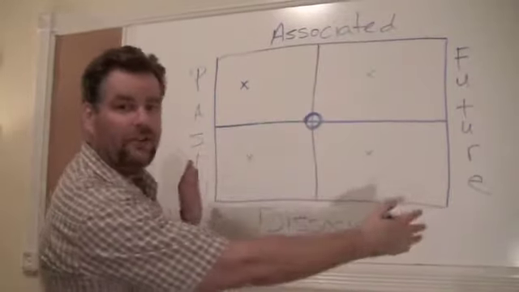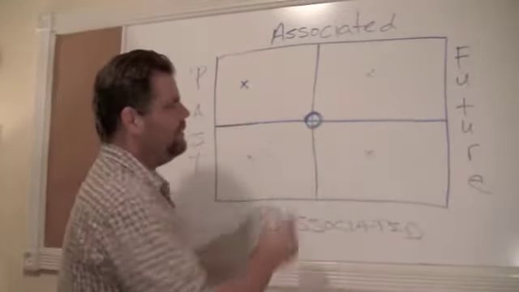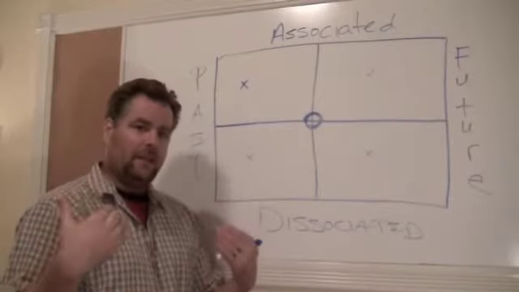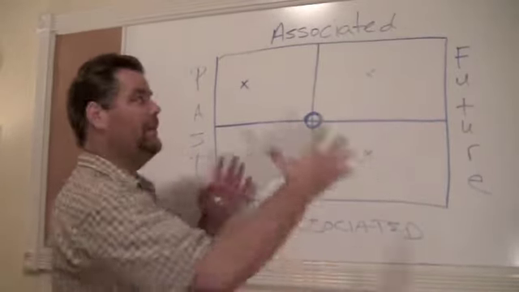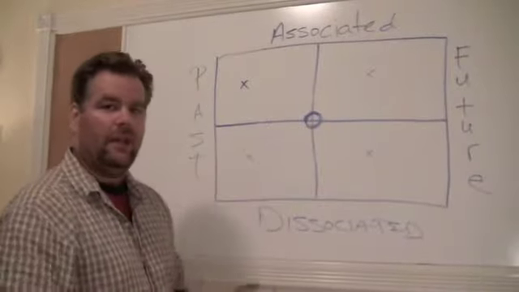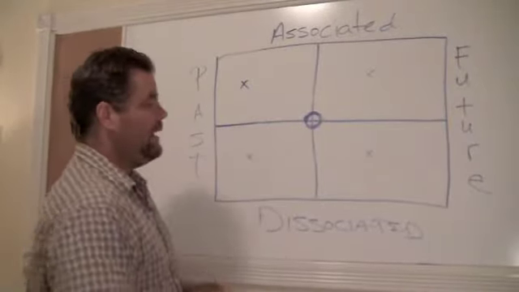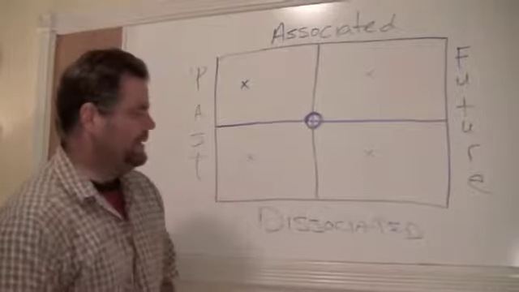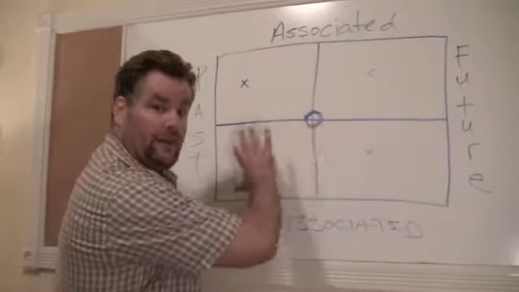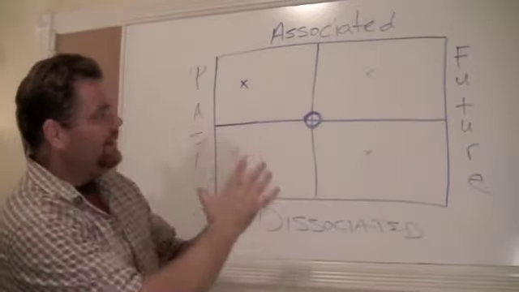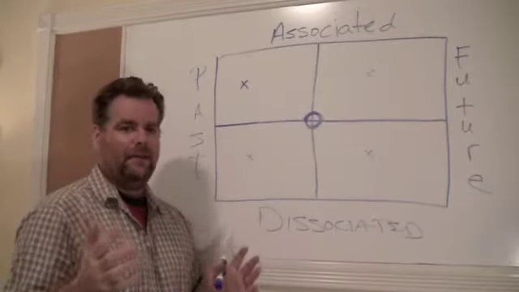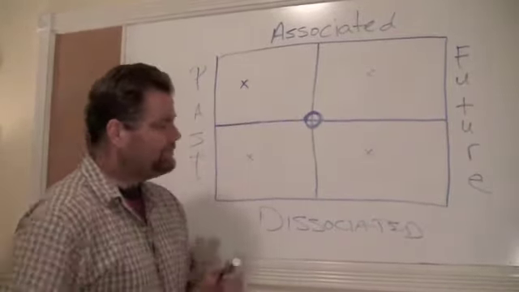This is all about internal experience, and some people insist that we can be in our minds and in the present moment. Just because we're internal doesn't mean we're caught up in the past or future or what have you. And I don't argue with that at all. There's a spot for the present. We do spend a lot of our time in the past, the future, either associated or dissociated. So that is the quad map. That's what it's all about.